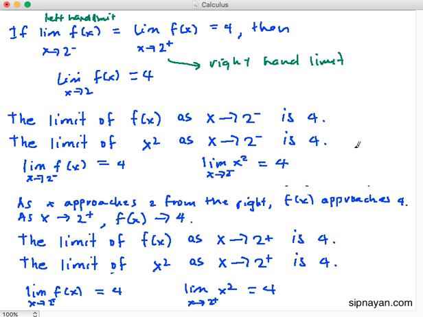Tinatawag natin na the limit does not exist. Okay, so siguro sa susunod na video titignan natin kung ano ba yung ganyang klase ng function. Siguro sa next 2 videos, tignan natin kung kailan ba yan nangyayari, yung hindi nagpapareho yung left-hand limit at saka right-hand limit. Siguro one more example tayo nito, yung notation, bago natin i-discuss yung case kung saan hindi nagpapareho yung left-hand at right-hand limit.